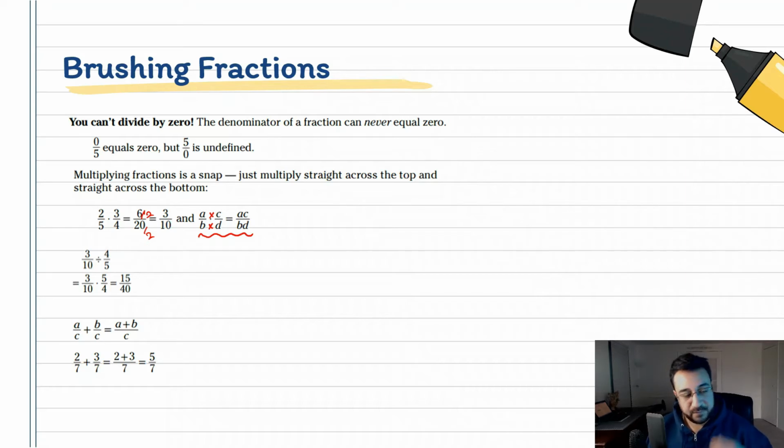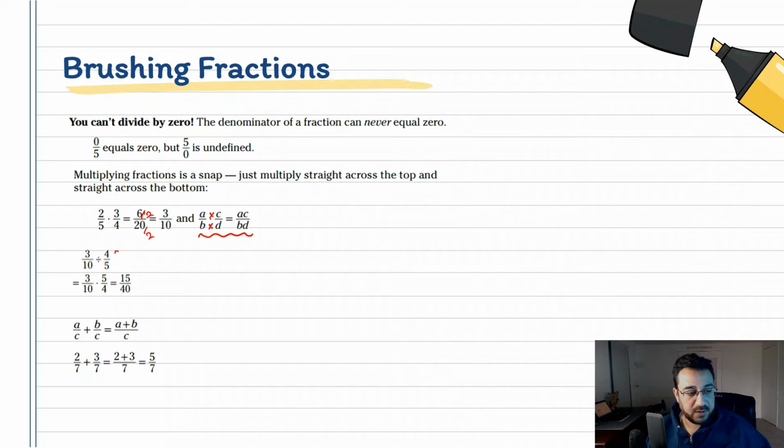So if you have two fractions that are divided by each other, so you have 3 over 10 divided by 4 over 5. In this case, it's easier for us to flip the other half of the equation and change that equation into fractions multiplication.